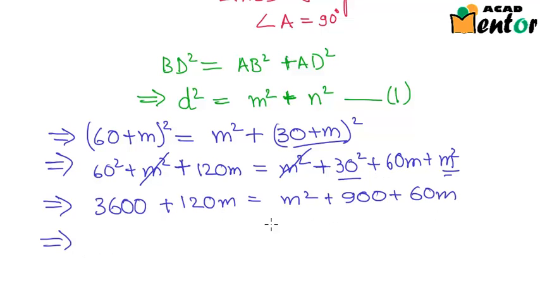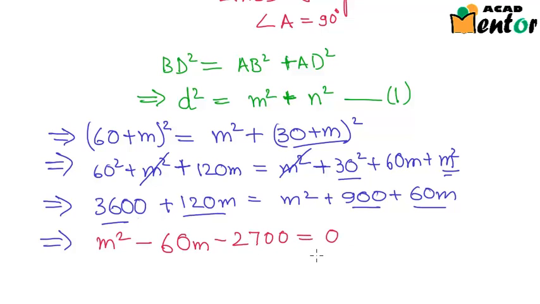If I group the terms with M and the constant terms, then I will get M square plus 60M, and when this goes to the right hand side I will have minus 120M, and that would in turn give me minus 60M, and when I take 3600 to the right hand side I will get 900 minus 3600, or minus 2700, equal to 0.